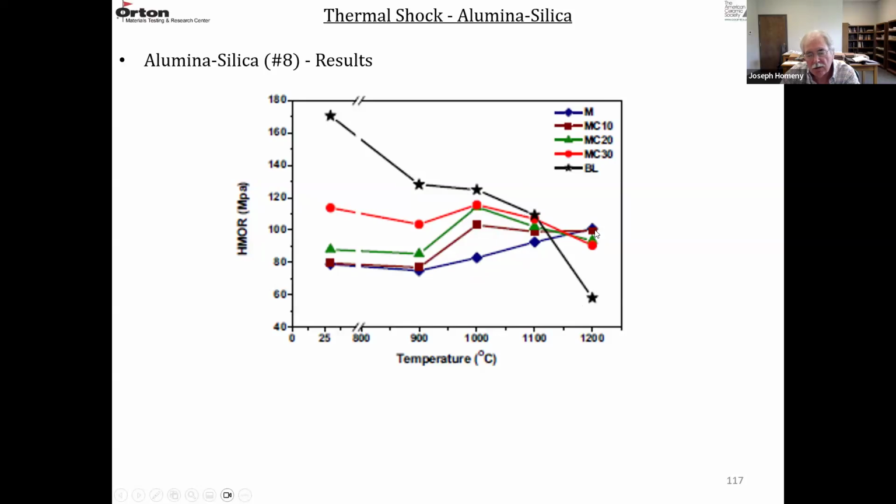The mullite really doesn't lose its strength, and maybe there's a little stress relief here. And the other ones with 10, 20, 30% corundum are still pretty constant with temperature. They don't really fall off significantly. It looks like there's a little stress relief due to a plastic phase being formed, a glassy phase.